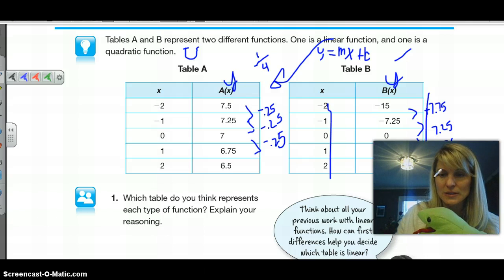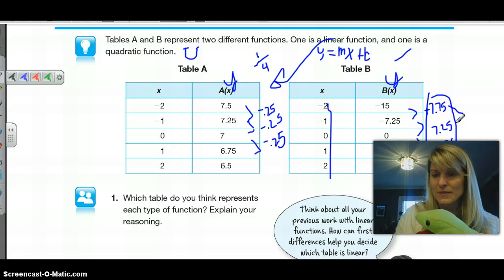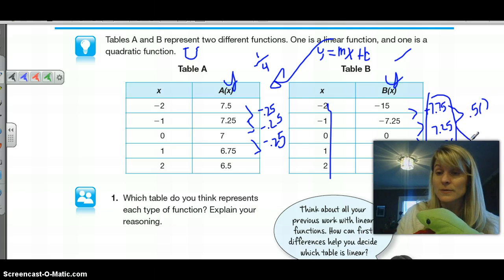However, we can actually look at this and find the difference between each one of these. If we find the difference between 7.75 and 7.25, that is 0.5 or 0.50. And again, the difference here is it's going up 0.50. And one more time, the difference here is it's going up 0.50.